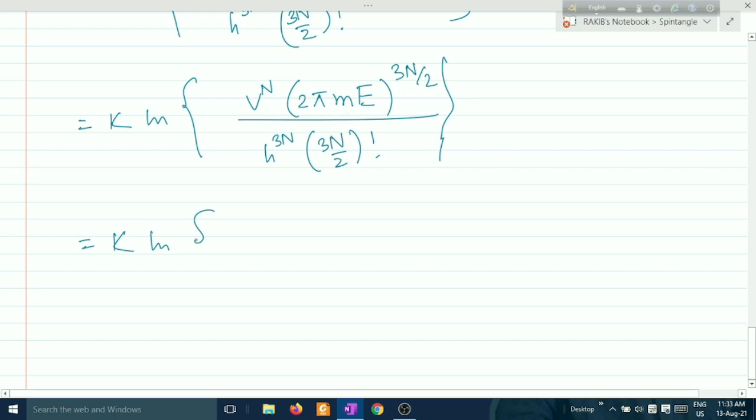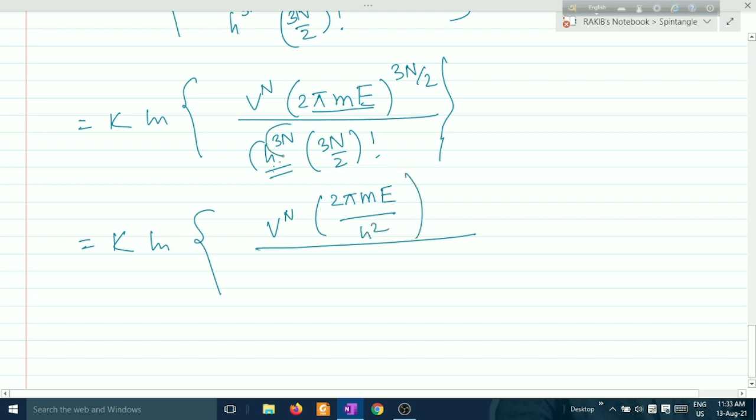Now, to write in the conventional notation, here it is a power of 3n by 2. I am using 3n by 2 in this h to the power 3n term. This becomes V to the power n, and I am merging this h to the power 3n with this 2 pi me. This becomes 2 pi me by h square, because h has power 3n.